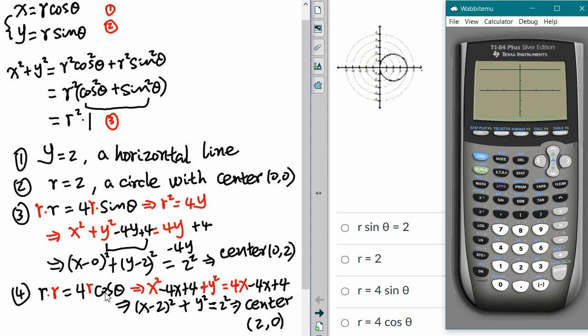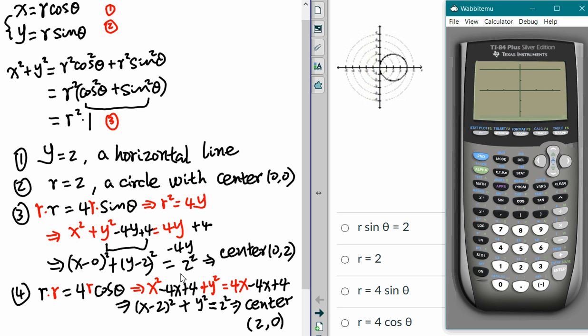R squared is x squared plus y squared. R cosine theta by identity, that's x. So that will be 4 times x. So x squared plus y squared equals 4x.